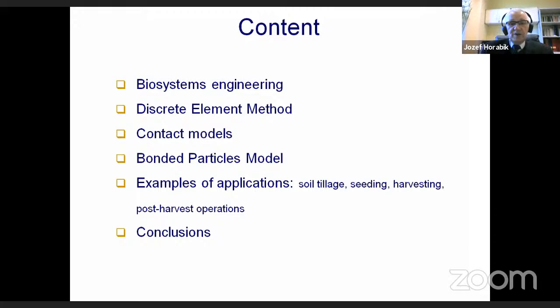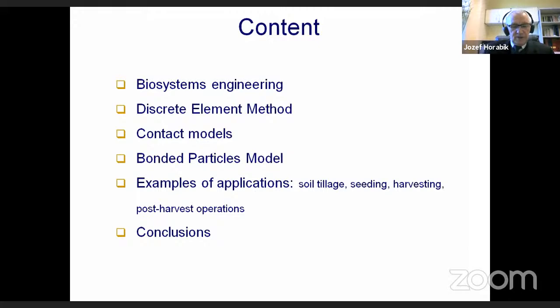And this method got a very big application for seeds and generally speaking for agriculture materials. We can see that for wheat, maize, rice, and the other seeds, as well as for a straw model can be modeled with this multisphere method.